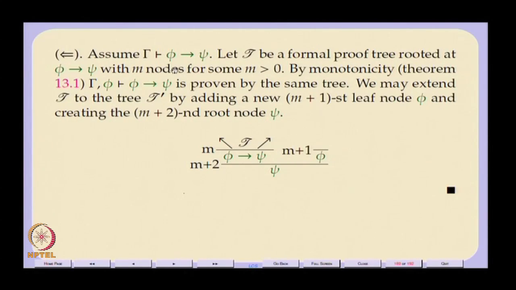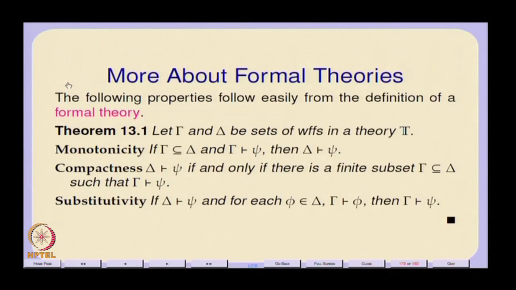So, here of course, we assume that we have a proof of phi arrow psi. Let T be this formal tree, maybe consisting of m nodes for some m greater than 0. Then by monotonicity, we had these 3 properties which essentially said if you keep adding extra assumptions, the previously proven conclusions still continue to hold.